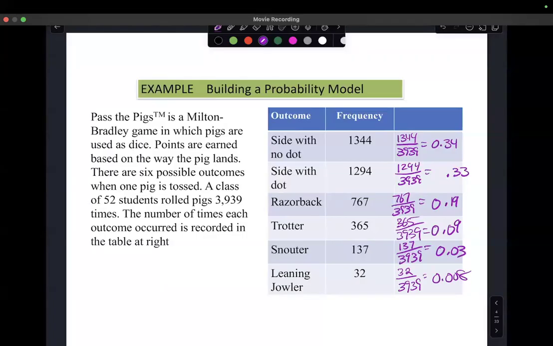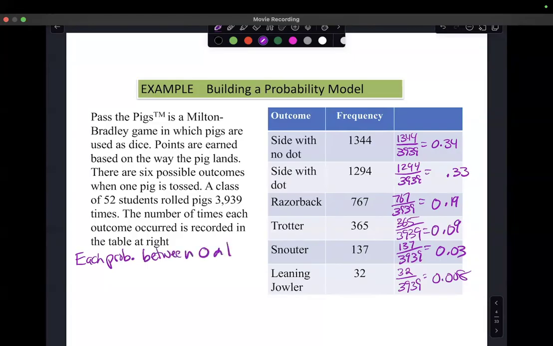So I built this probability model here, and there are a few different things that every probability model is going to have. So this is what you're going to look for. Every probability is going to be between 0 and 1. So each probability, between 0 and 1.